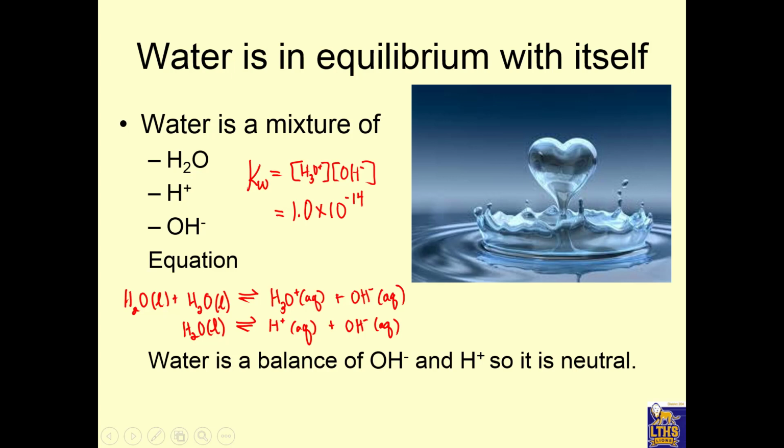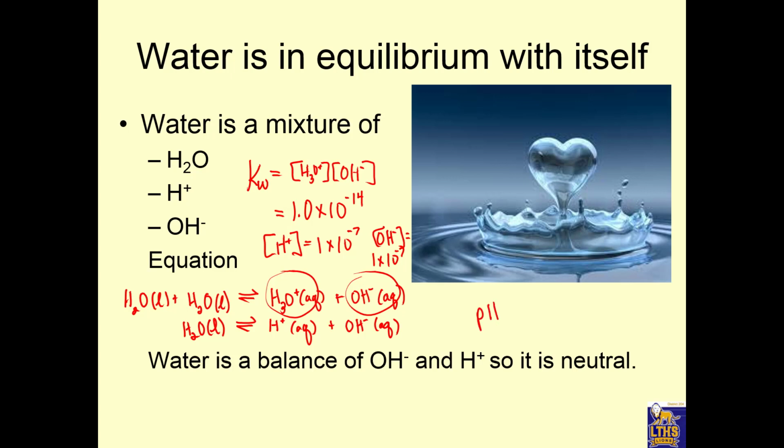So that means in water, this and this are equal. So the H plus concentration in water is 1 times 10 to the negative 7th, and the OH minus concentration in water is 1 times 10 to the negative 7th because they're equal to each other. So that's why water is neutral.